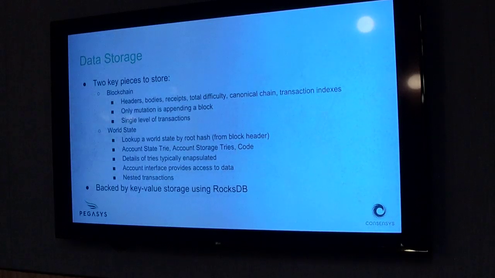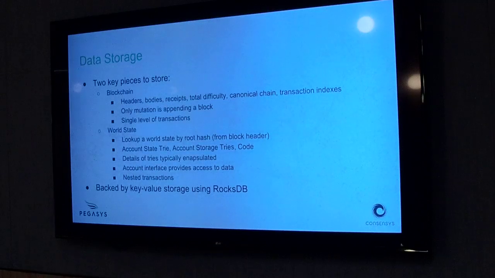And the responsibility for world state stuff is all under a creatively named class called World State Archive. It's kind of the root of this tree. It tries to encapsulate all those tries. Instead of you having to walk through the account state tries to find the account or the data you want and parsing all the RLP that's in there, it provides a nice simple interface where you can say, I want the account at this address.